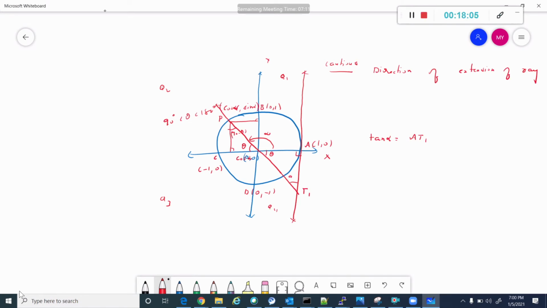In two triangles, if the angles are equal, then they are similar triangles. Say this is M1.